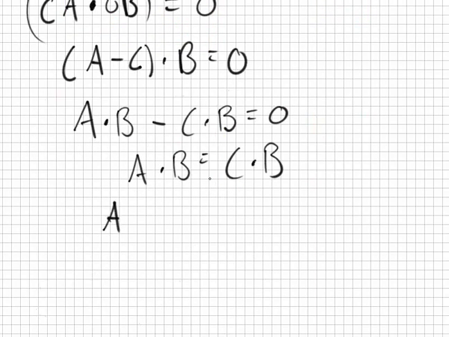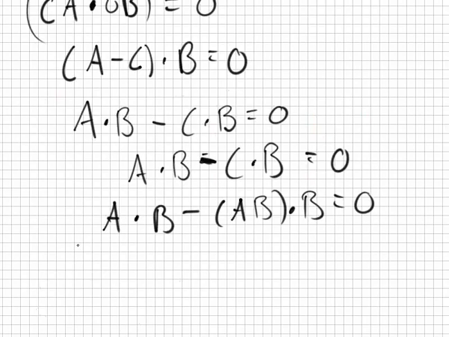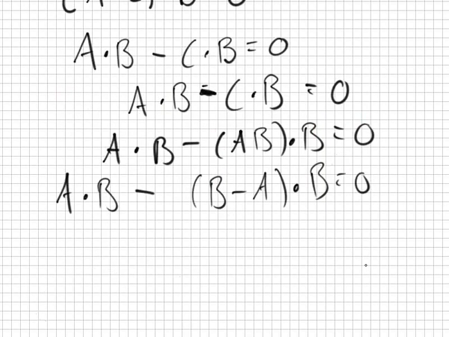So rather than having C, I'll go back to making this minus equals 0. Instead of having C, what did we say? It was AB, wasn't it? AB dot B. And once again, A dot B minus, and then here would be B minus A dot B equals 0. Okay.